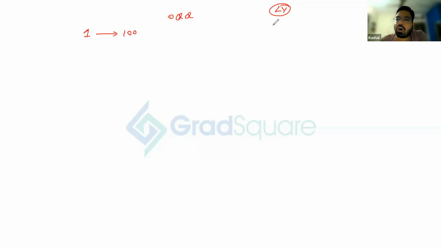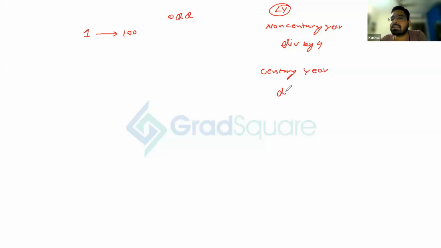When it is a non-century year, divisibility by 4 gives you a leap year. When it is a century year, it should be divisible by 400. That is when you call it a leap year, otherwise not.